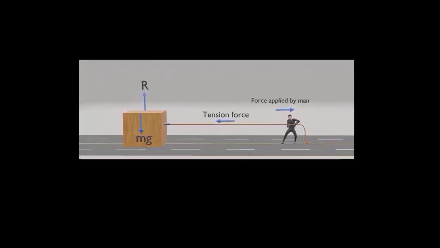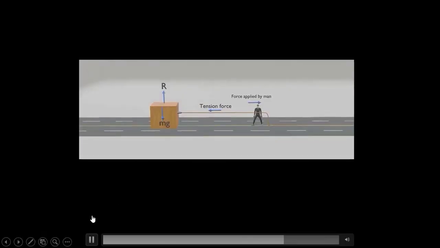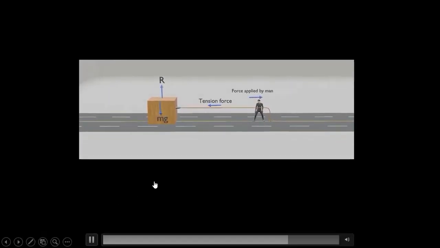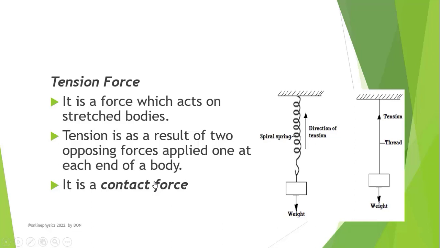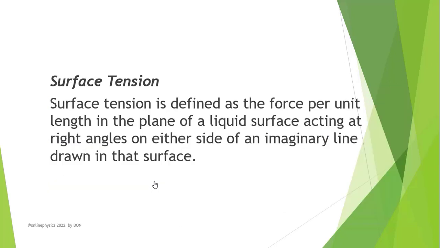So that is the tensional force, mostly in strings, as a result of two opposing forces applied one at each end of a body. So you saw that man pull, and then there is the weight of the body on the other side. That is all about tension force.